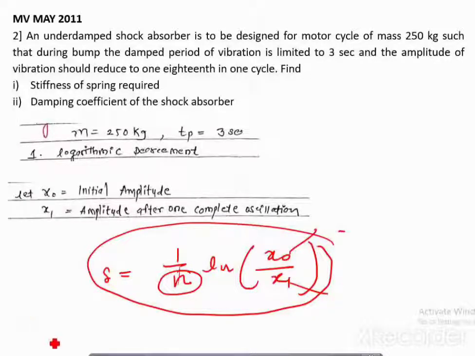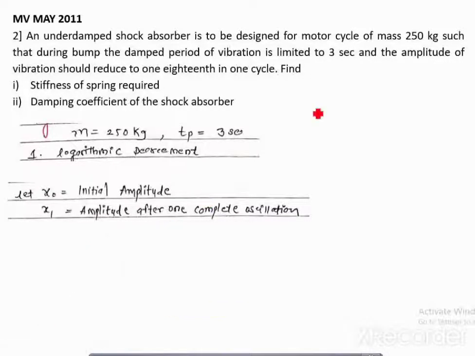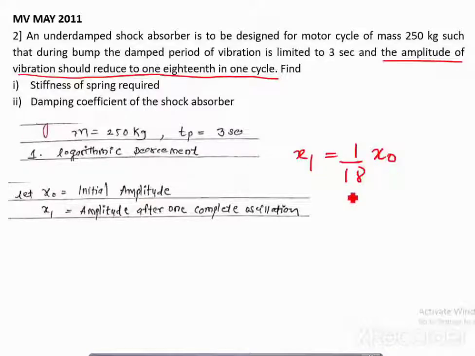To use this formula, let us understand that they have given the amplitude of vibration should reduce to 1/18 in one cycle. What it means is that after one cycle the amplitude is x1, and this x1 is equal to 1 by 18 of x0. It should reduce to 1/18 in one cycle, meaning 1 upon 18 multiplied by x0 is equal to x1, right?